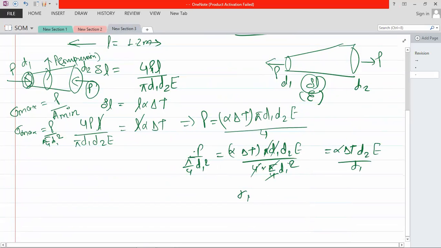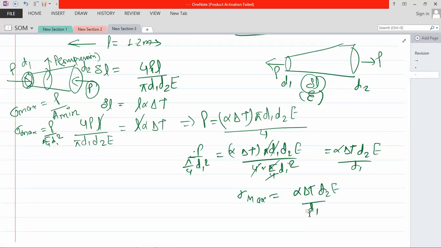So this is sigma maximum in the bar, alpha delta t d2 e upon d1. So your answer will be, I'm just telling the answer, 76.8 megapascal.